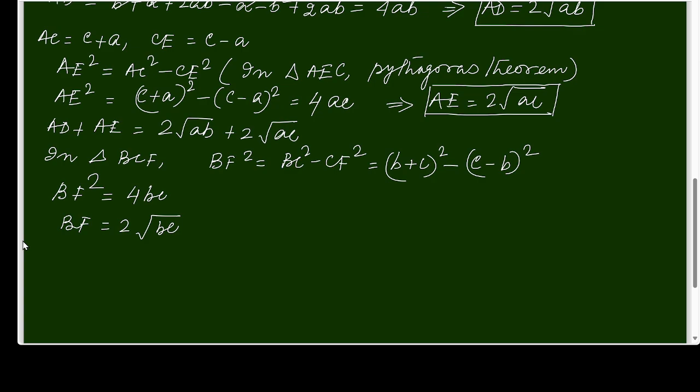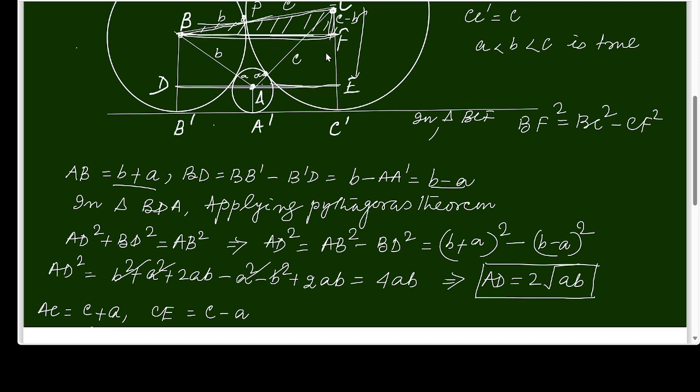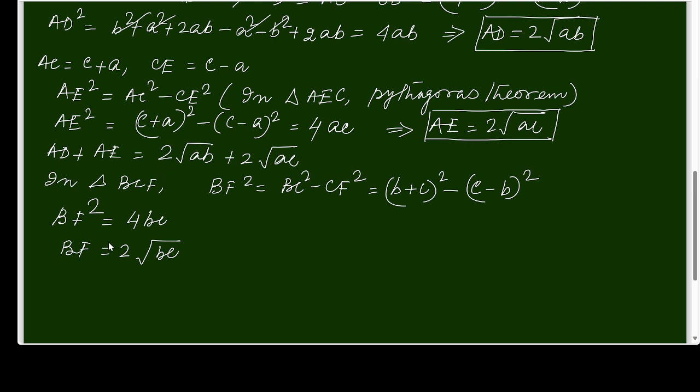Now AD plus AE is the same as DE, and DE is equal to BF. DE equals DA plus AE, that is 2 root over ab plus 2 root over ac, and this is the same as BF.